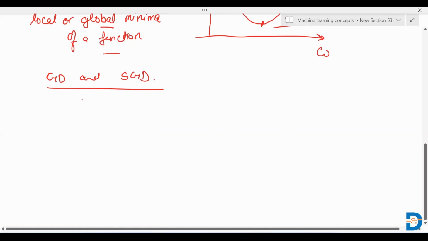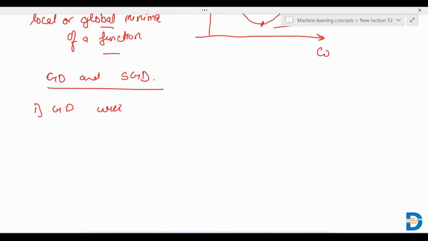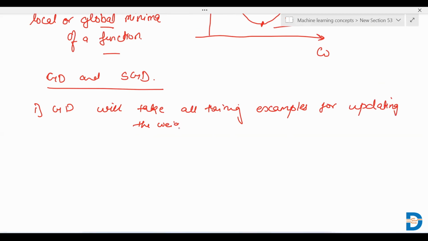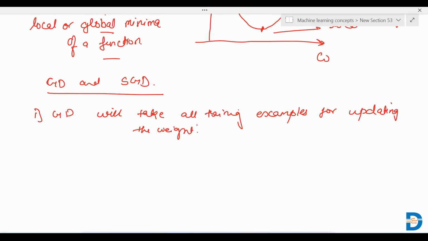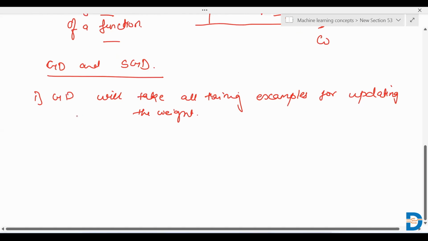Gradient descent will take all training examples for updating the weight. To find the new weight, it will take all the training examples into consideration.